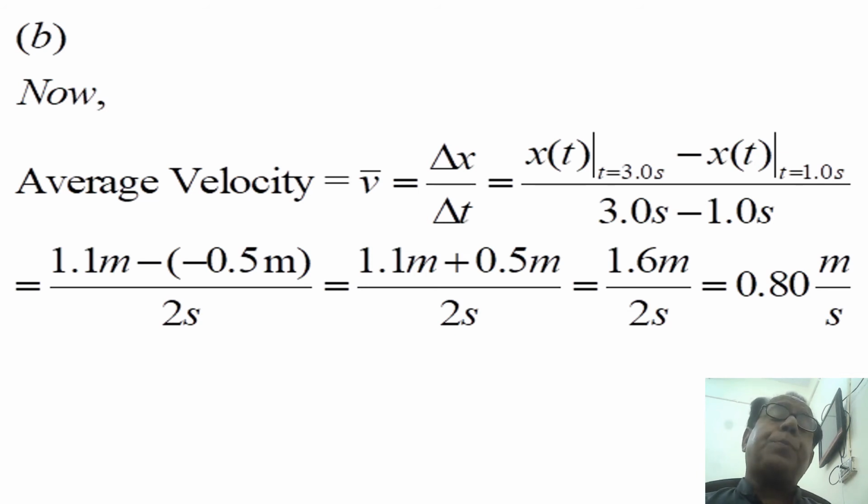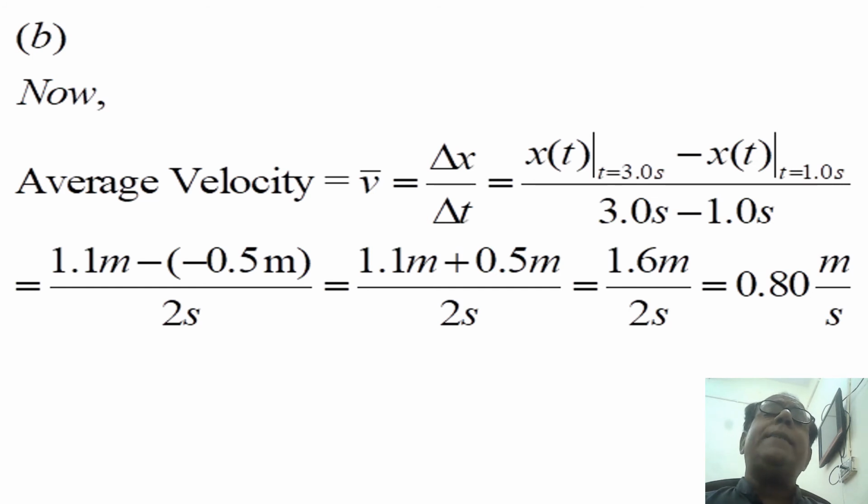So this becomes 1.1 meter plus 0.5 meter divided by 2 second, because minus minus will become plus. This equals 1.6 meter divided by 2 second, which is 0.80 meter per second.